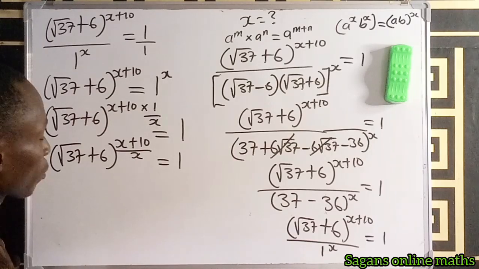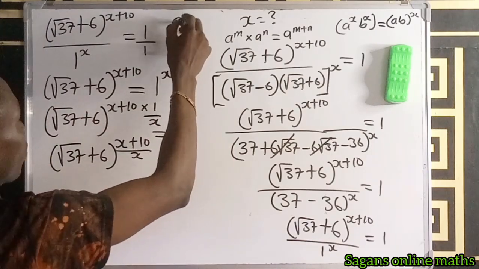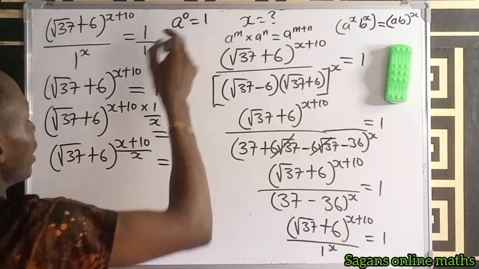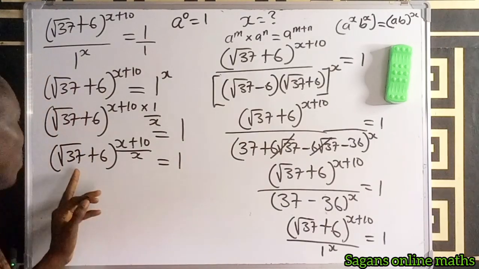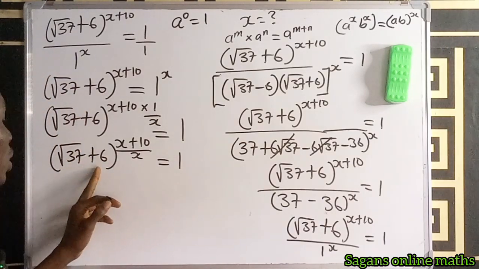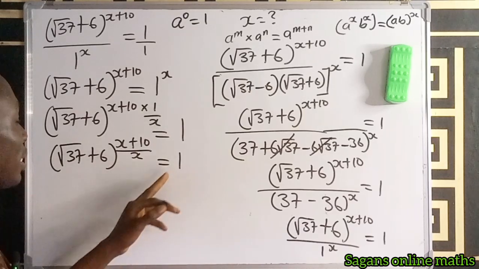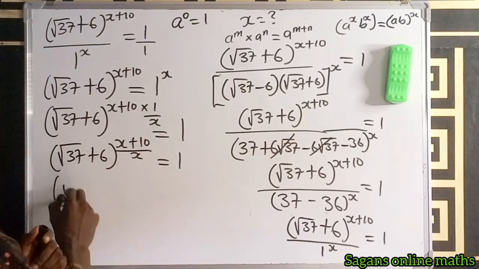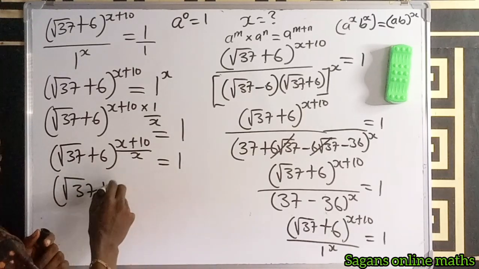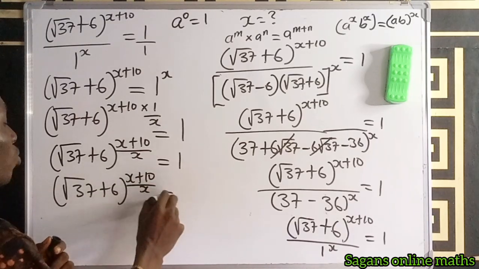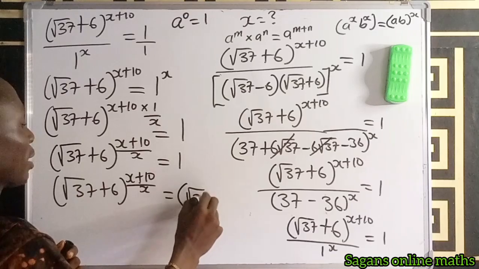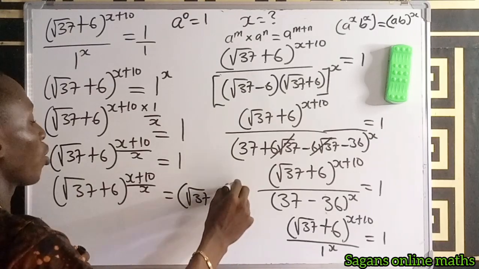Now what are we going to do at this point? Remember, one of the properties of indices, that a to the power of 0 is equals to 1, in the sense that a is not equals to 0. So since the base here is √37 + 6, we are not wrong if we decide to write this one as (√37 + 6)^((x+10)/x) is equals to (√37 + 6)^0.